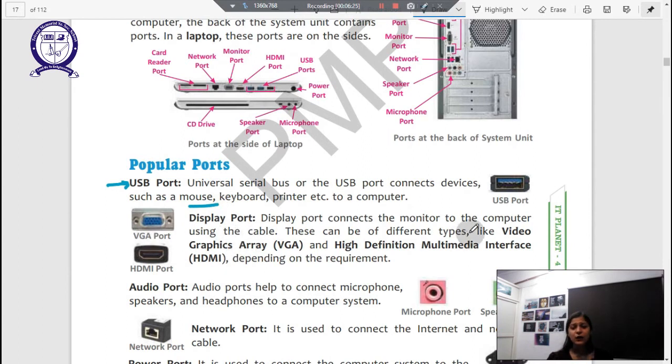VGA port, video graphics array. The VGA port allows us to connect, as does HDMI, our monitor to the computers. Generally display ports, all such display devices connect using these ports. Then we have audio ports, microphone port and speaker port. They help to connect microphones, speakers and headphones to any computer system.